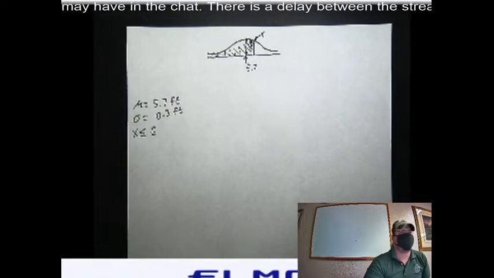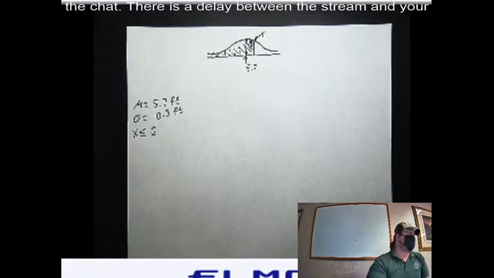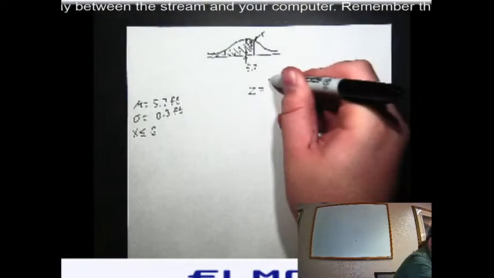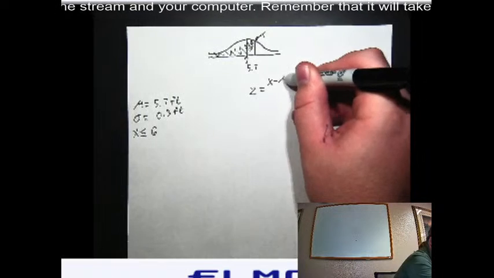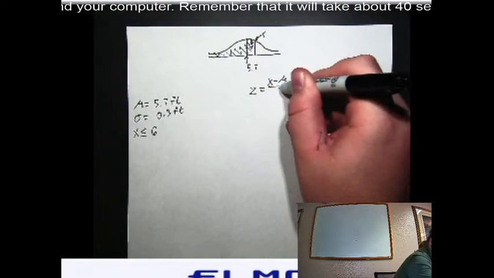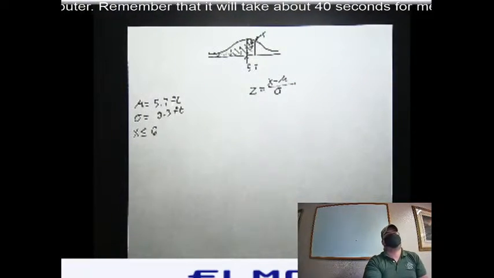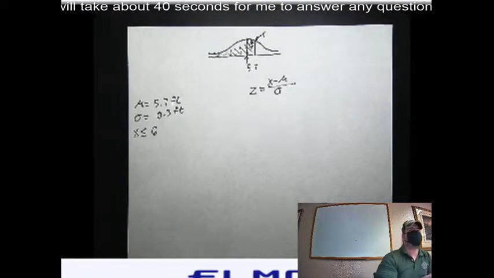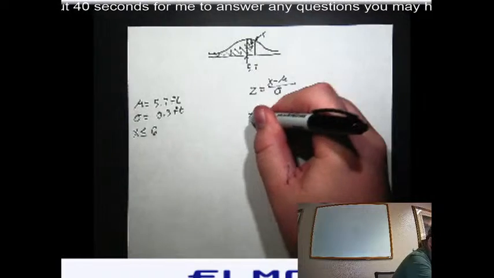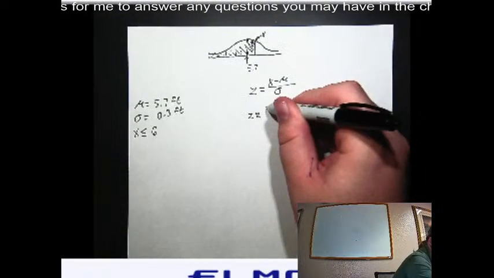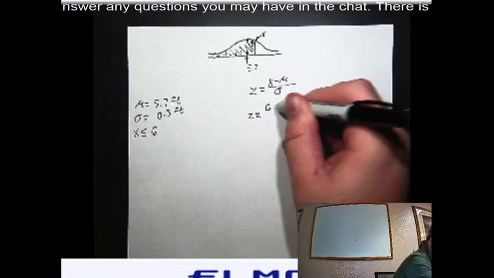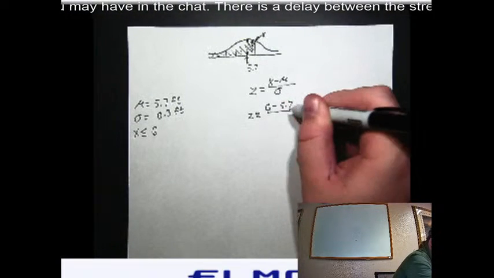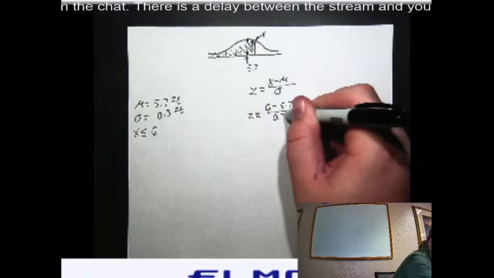Well, it's the exact same thing we just did. We need to find a z-score. Once again, our z-score is z equals x minus mu all over standard deviation sigma. So let's plug it in, see what we get. z equals 6 minus 5.7 over 0.3.